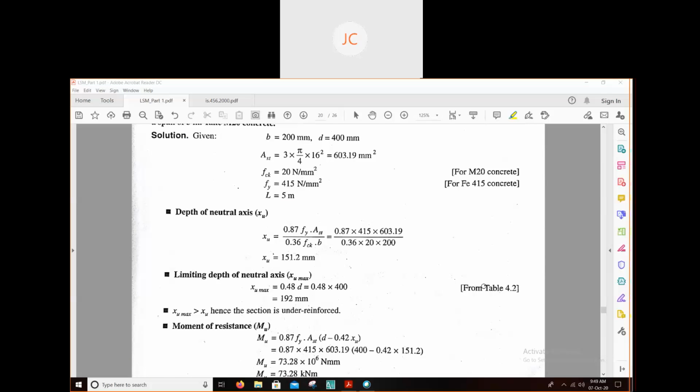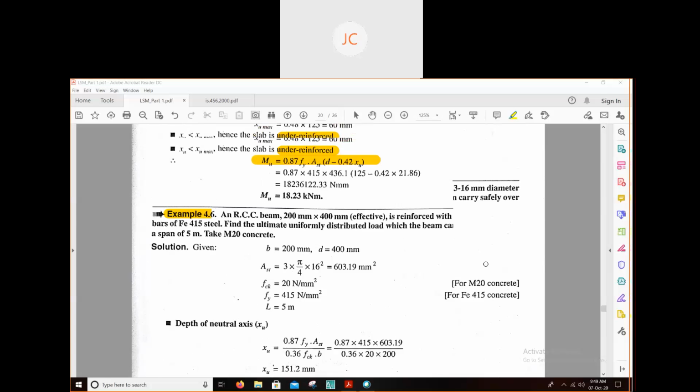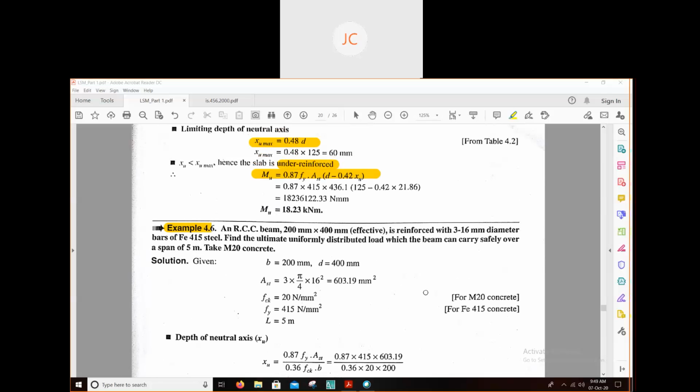Find out the value of UDL. Span is given as 5 meter. What will be the value of the uniformly distributed load?